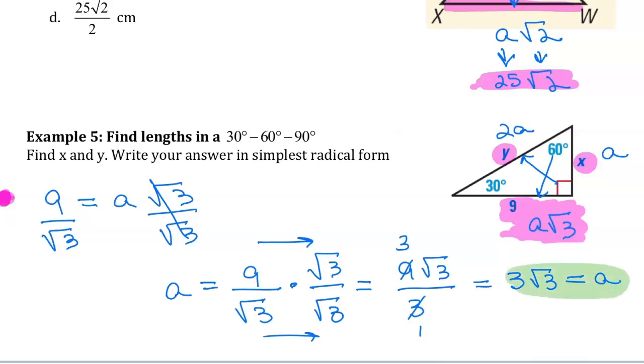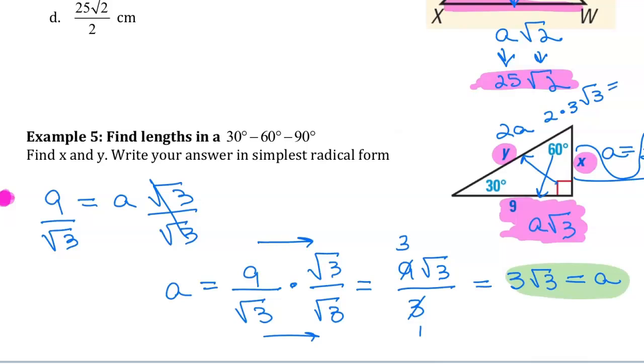Take your A and use it to find the missing sides. So what do we find? We find that X equals 3 root 3. And what about Y? Well, Y was 2 times A. So what is 2 times 3 root 3?